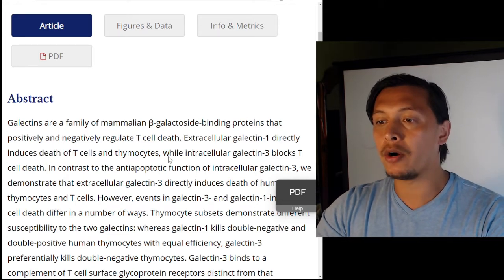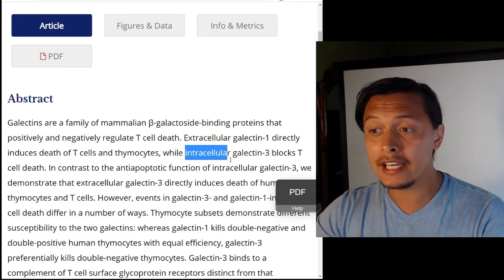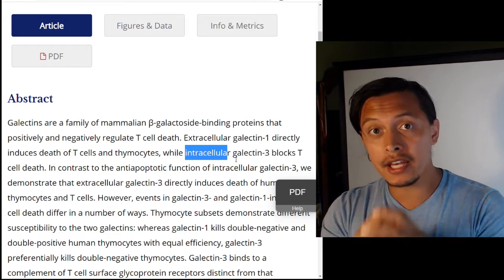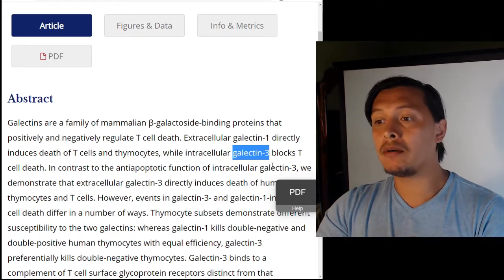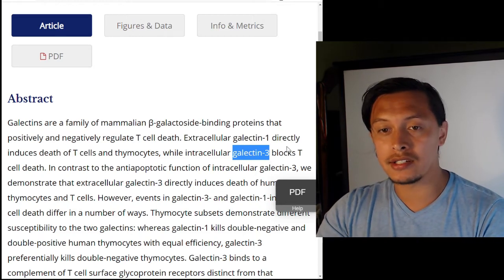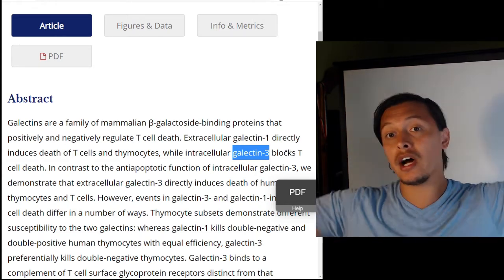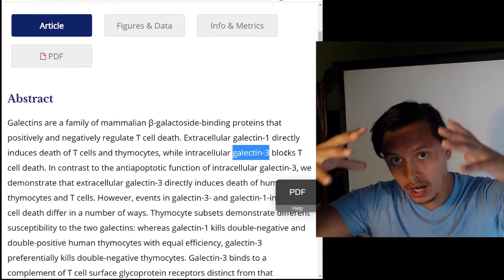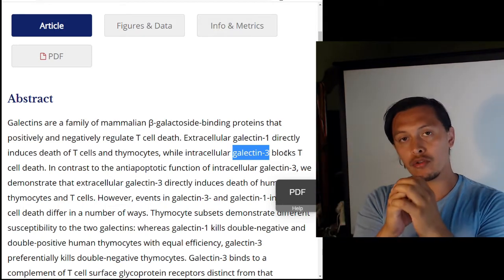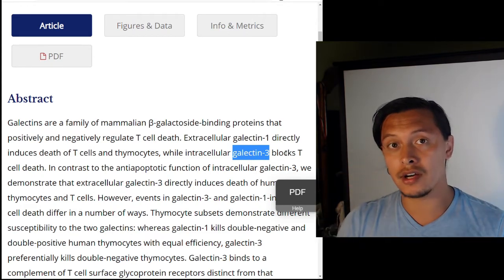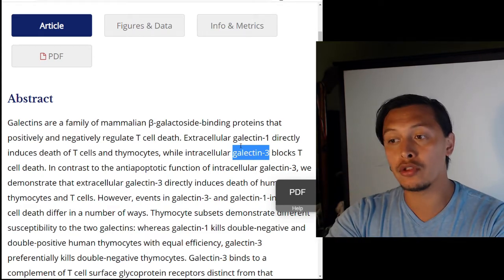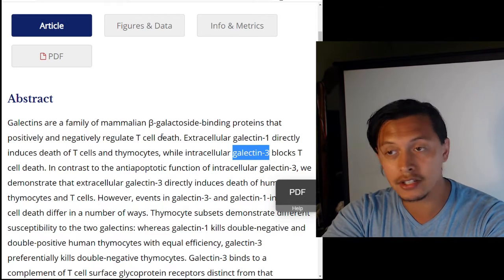However, the intracellular galectin-3, within the cell, will block T cell death. So galectin-1 on the outside of the cell will cause T cell death, but galectin-3 on the inside of the cell will protect the T cells from death.